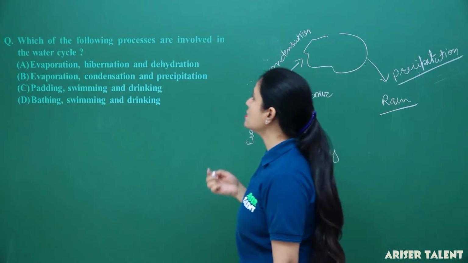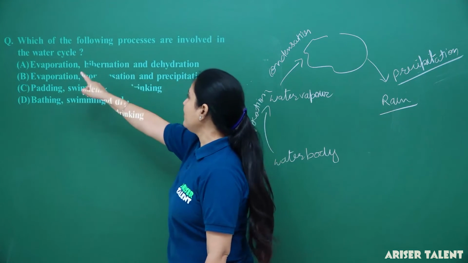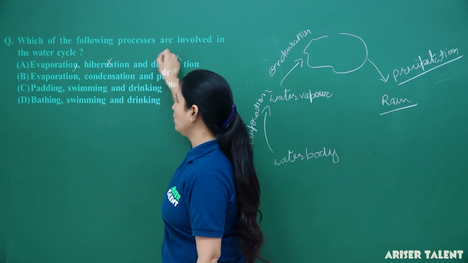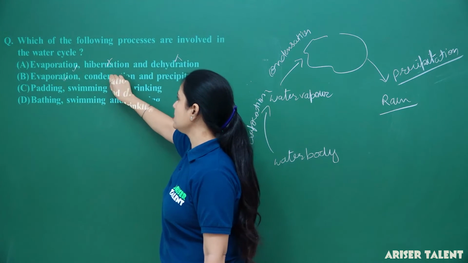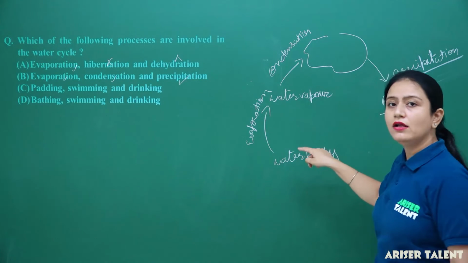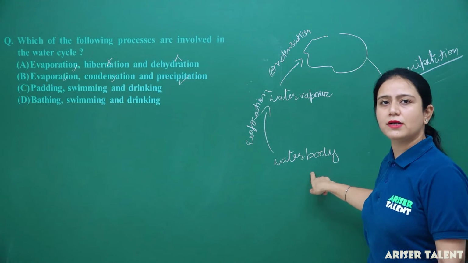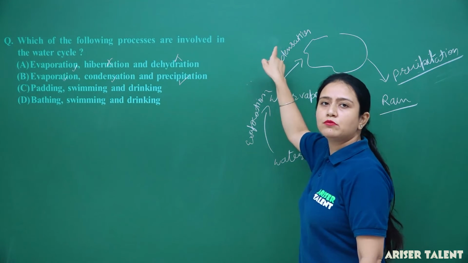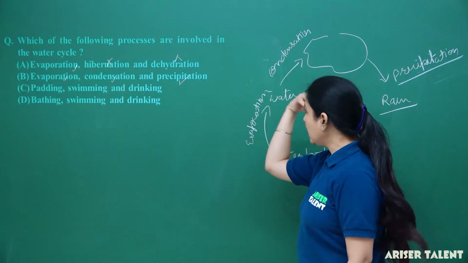So, what are the processes involved in the water cycle? Evaporation, okay. Hibernation, no. Dehydration, no. Evaporation, okay. Condensation, yes. And then precipitation. Here I told you about the water cycle: water gets heated in the water bodies and evaporates. Then the water vapor goes into the atmosphere, mixes with the air and condenses.